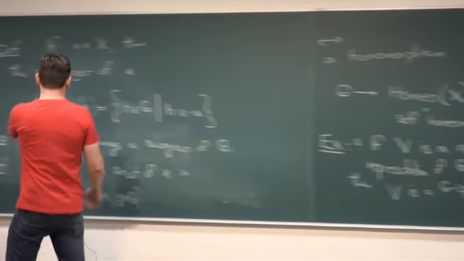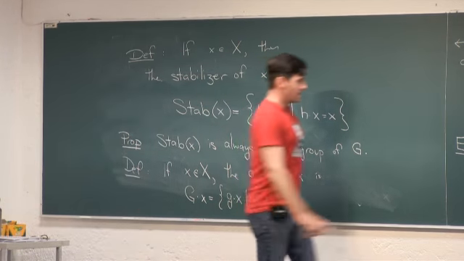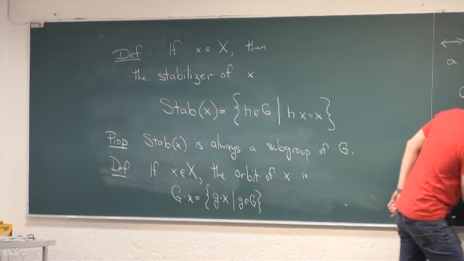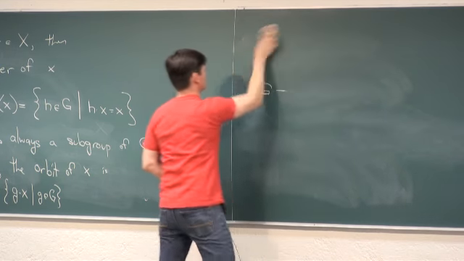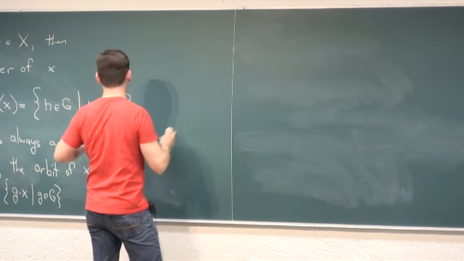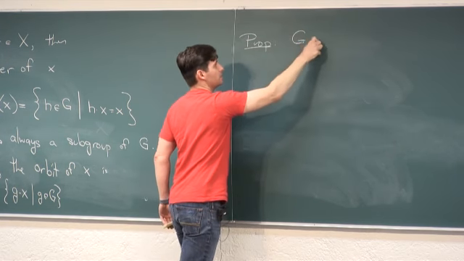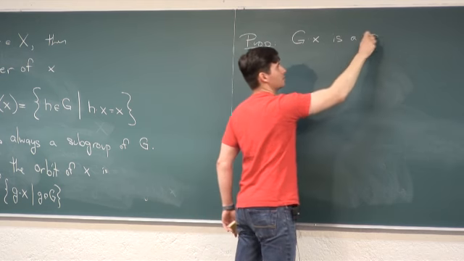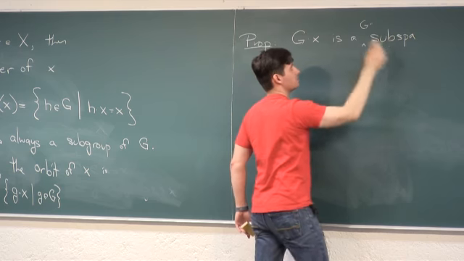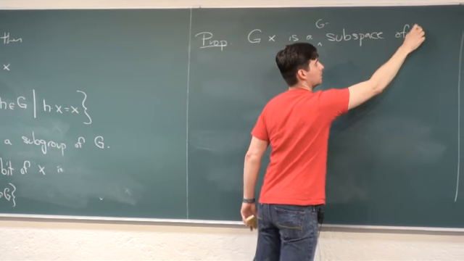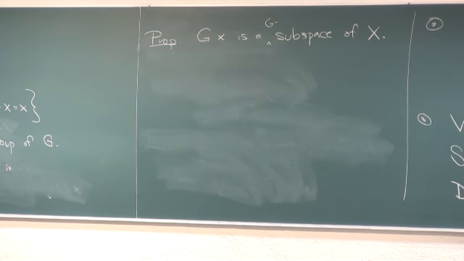So the stabilizer subgroup was a subgroup of G. The orbit of x is a subspace of X. So exactly the same companion proposition is that G times x is a G-subspace of X. And these are really closely connected.